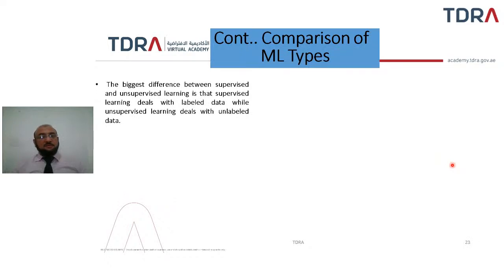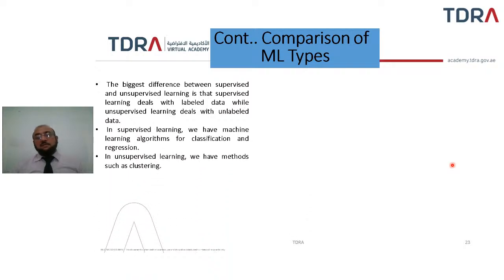The difference between supervised and unsupervised learning is that in supervised learning, we provide the labels with the data sets and we are training the model.